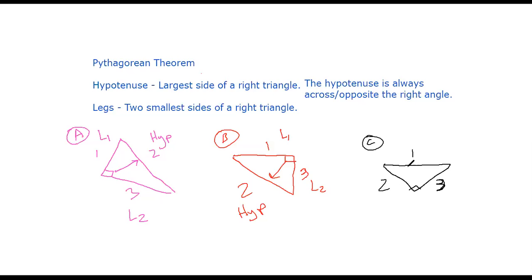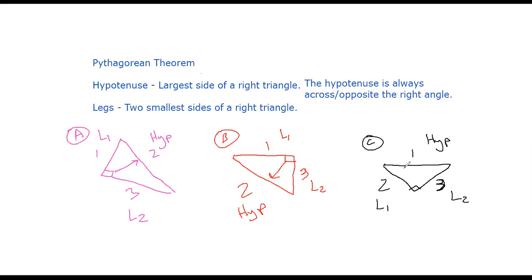If you can speak out loud. 1 is the hypotenuse, and then 2 and 3 are the legs. How did you figure that out? Because 3 and 2 are the smallest sides, and the hypotenuse is the longest.